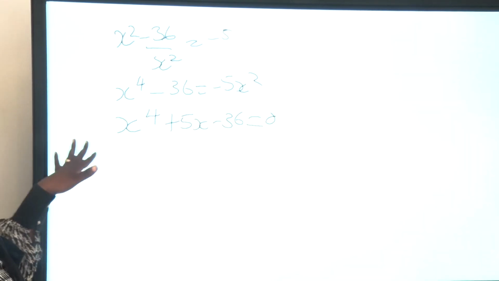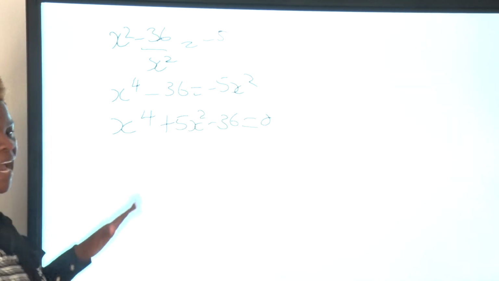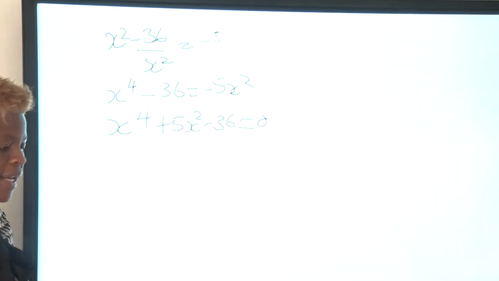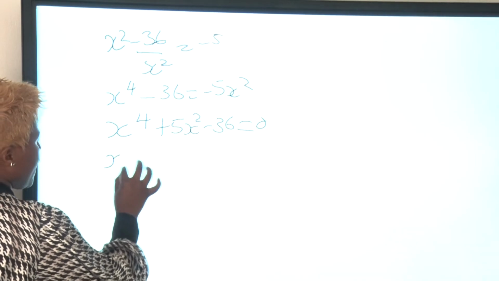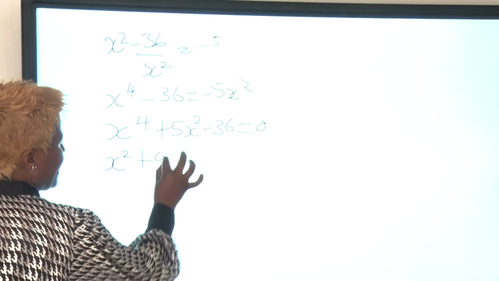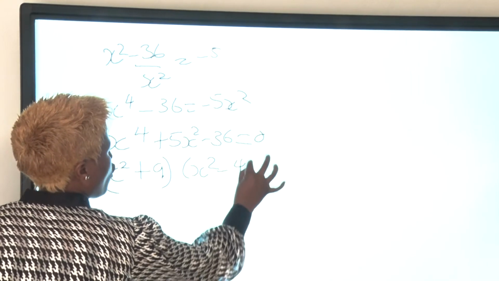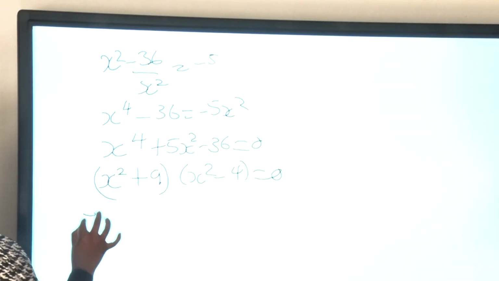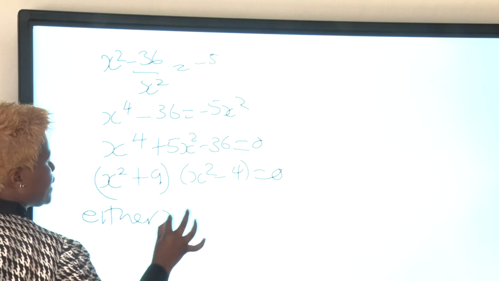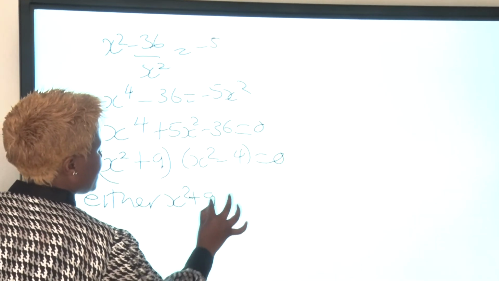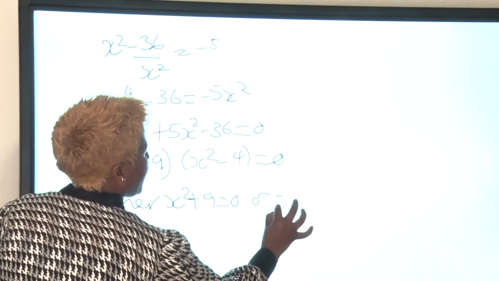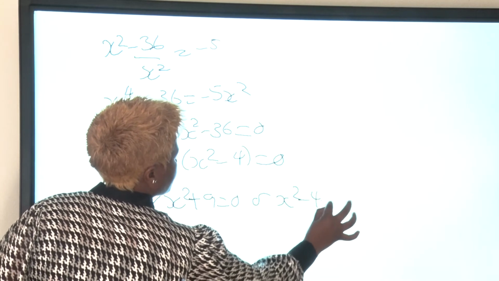This is an example of a disguised quadratic equation, and when we factorise this, we get x squared plus 9, x squared minus 4 is equal to 0. So we say either x squared plus 9 is equal to 0 or x squared minus 4 is equal to 0.